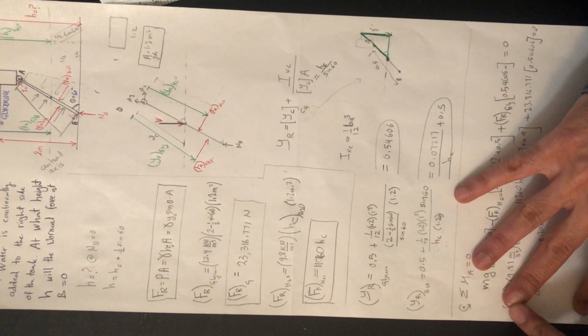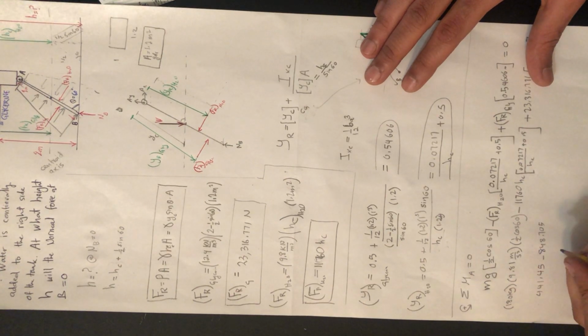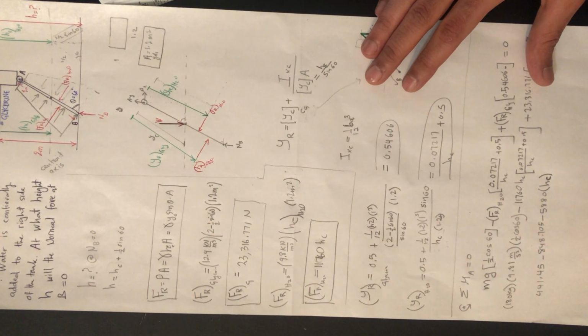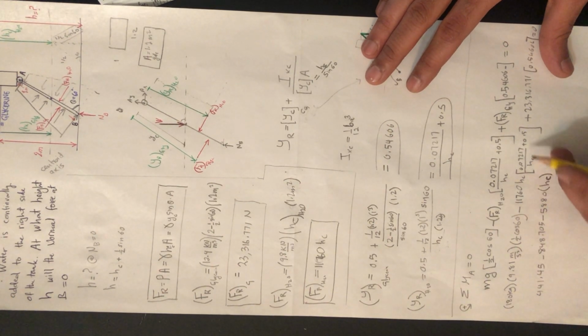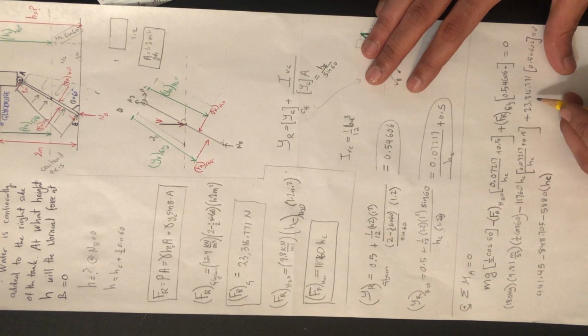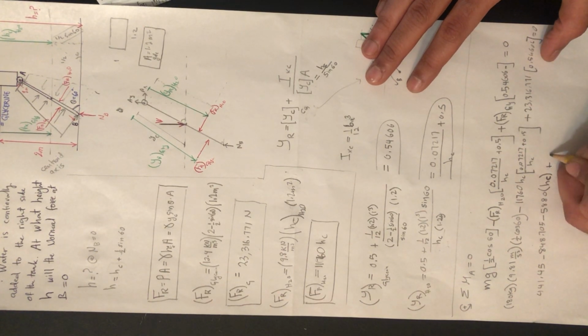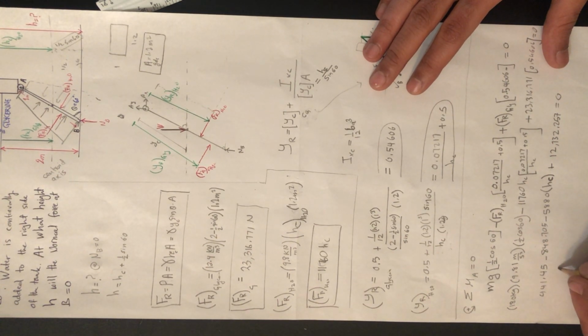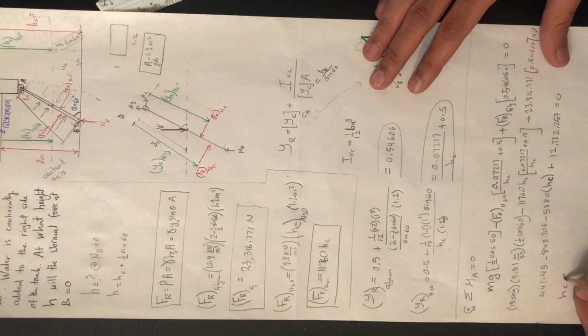Is a positive number, and solving for HC, we get HC equals 2.529 meters.